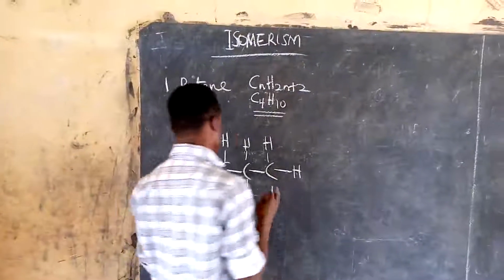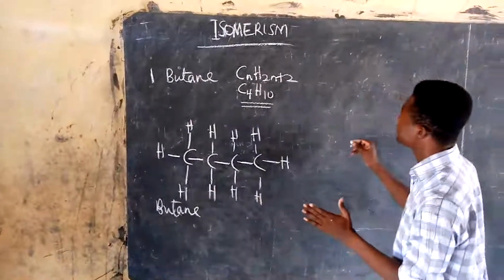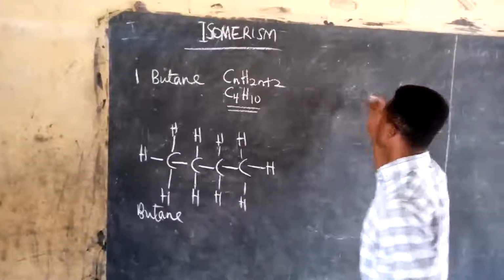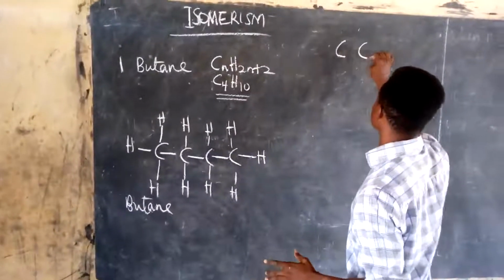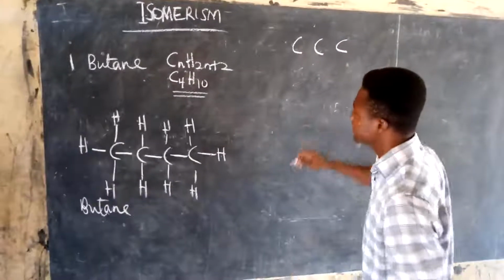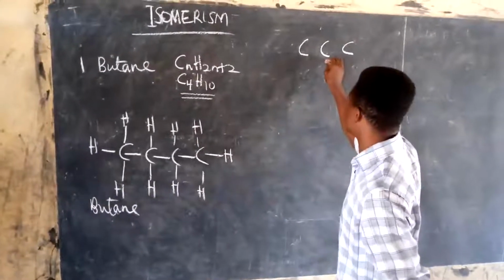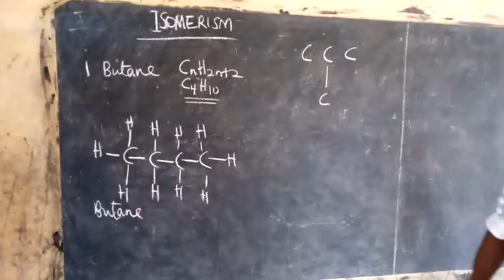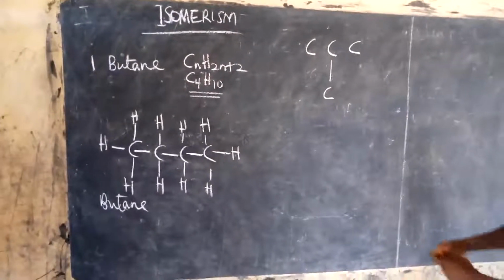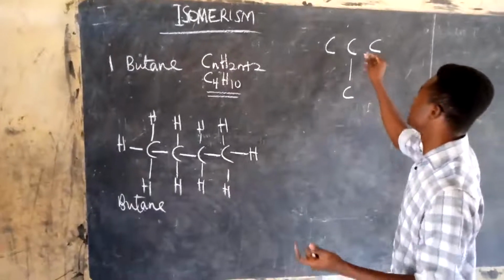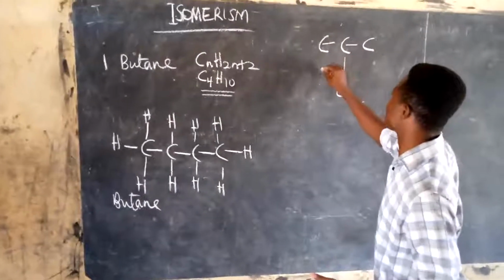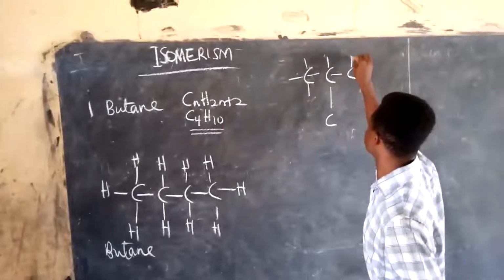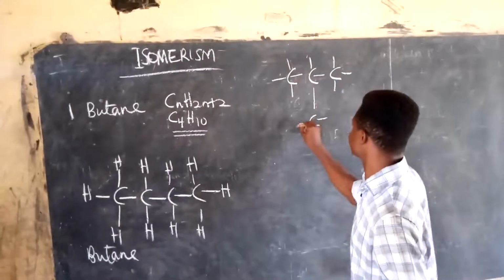But this same butane, we can write it a different way by changing the arrangement of the carbons. We can say carbon, carbon, carbon, 3 carbons, and then the 4th carbon, let's link it to the 2nd carbon. And then let's distribute the hydrogens around the carbons. So have 1 hydrogen here, another hydrogen there, like this.